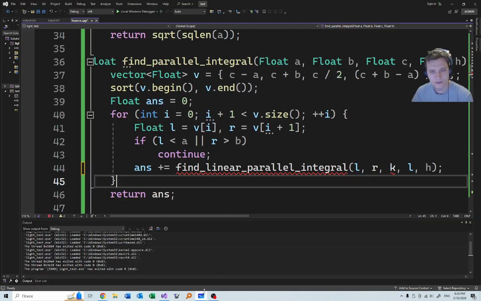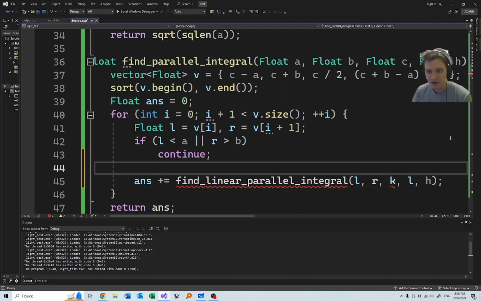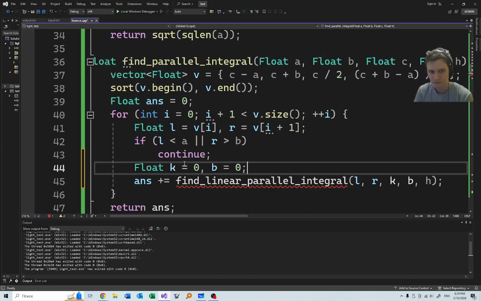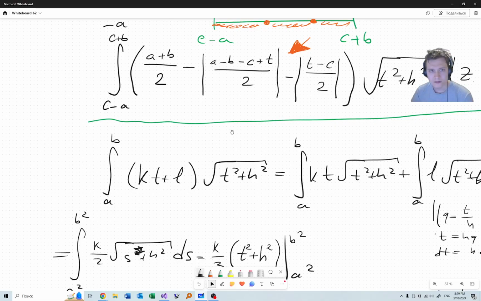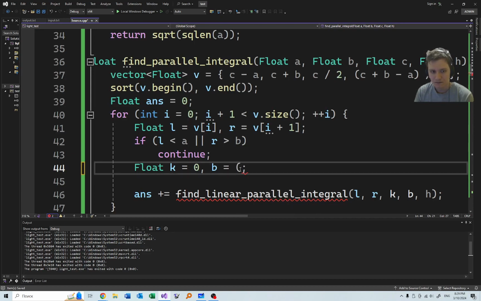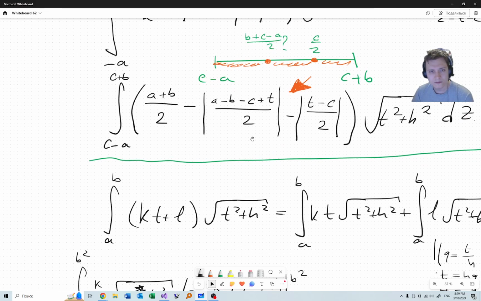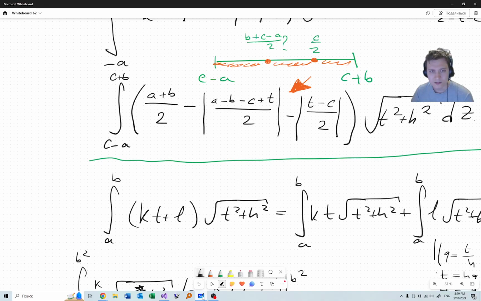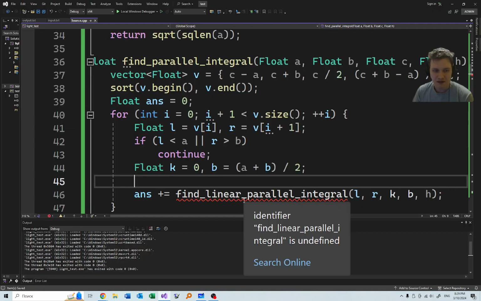So first of all, okay, let's call them k and b. Let's start with these. So a plus b over 2 is b. Okay, next is this one. So we need to take the middle of this segment, which is a minus b minus c plus t.